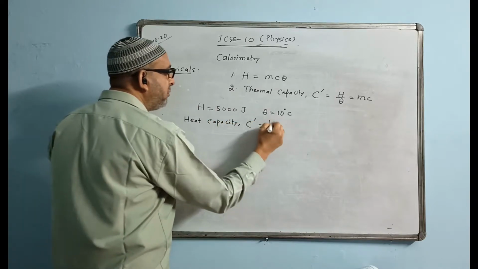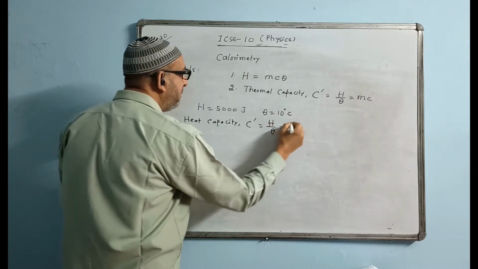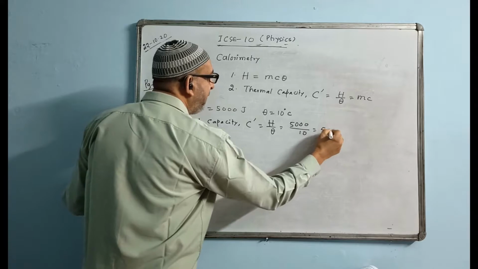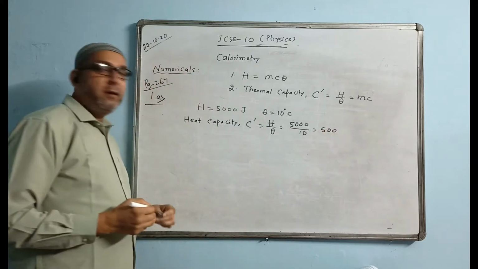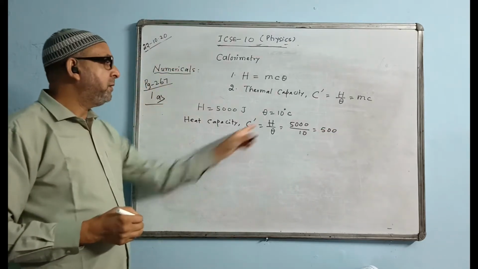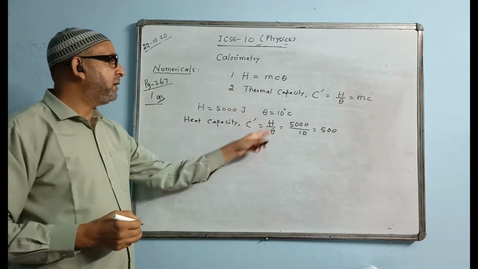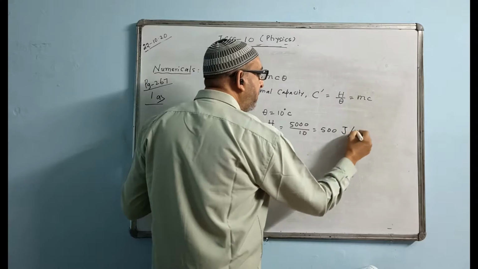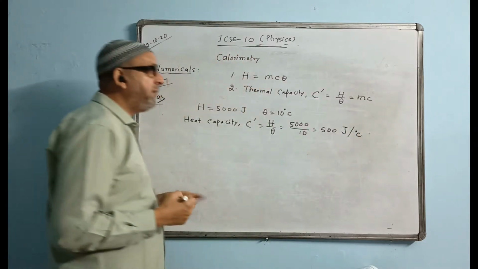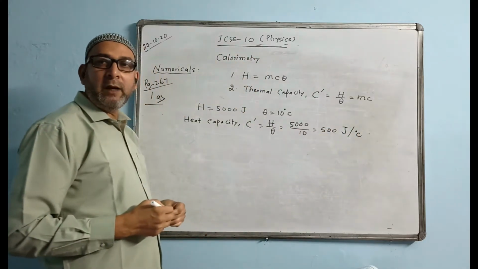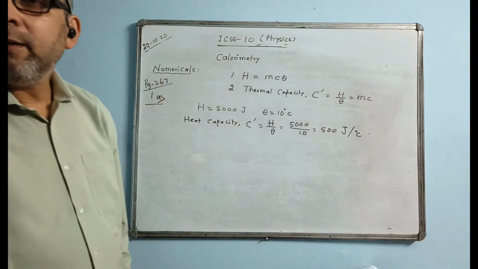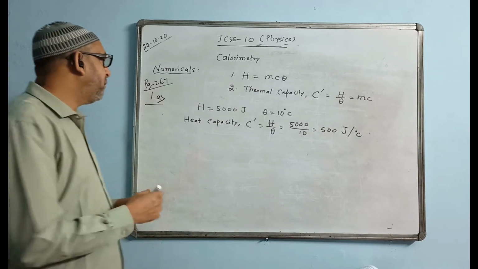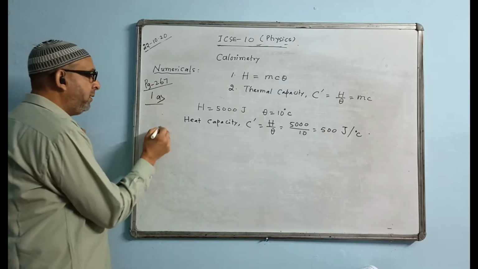C dash is equal to H by theta. H is 5000, theta is 10, so the answer will be 500. Heat unit is joule and theta unit is degree Celsius, so we write joule per degree Celsius, or per Kelvin. This is the answer for part A.